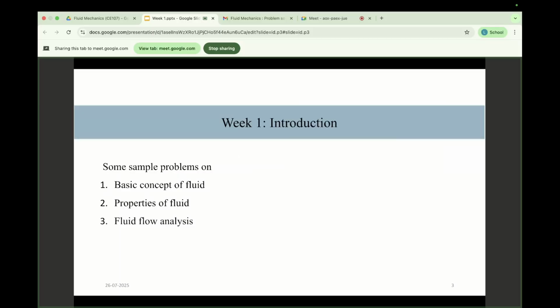In the first week, in this interaction session, we will discuss some sample problems on the basic concepts of fluid, properties of fluid, and fluid flow analysis.